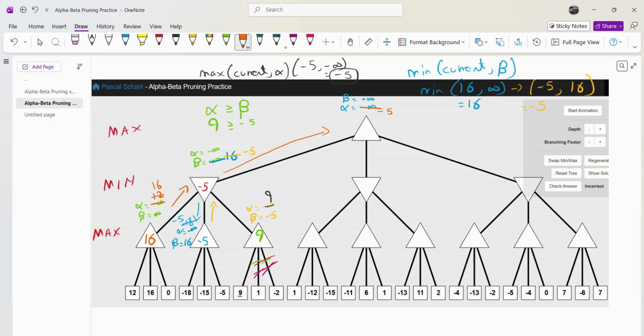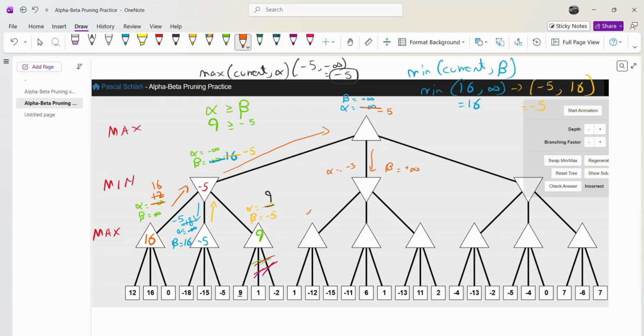Now this is the value of the parent and it will be sent down to its child. We start in the leftmost manner, so the value gets sent down here. Here we would have alpha as negative 5 and beta as positive infinity. From here the value is sent to its child in the leftmost fashion.